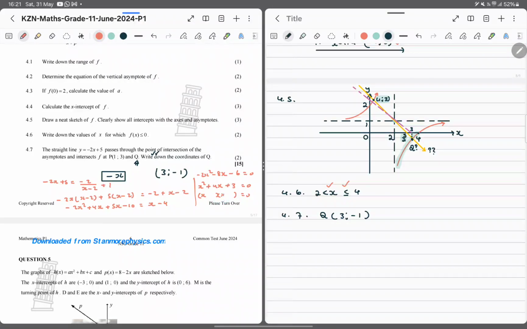Then we get x plus 1, x plus 3. Therefore, x is equal to minus 3, or x is equal to minus 1.